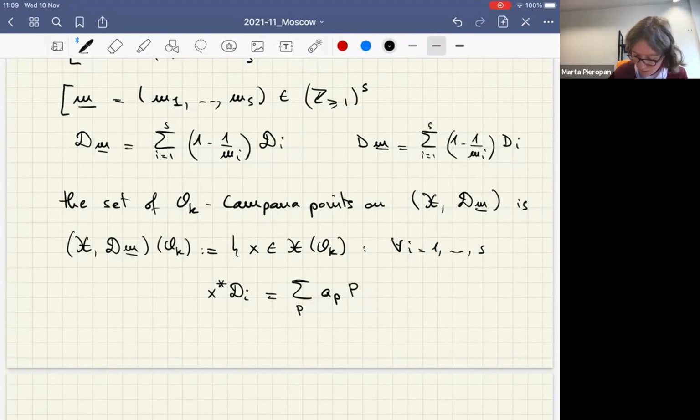And the condition is that the coefficient of each of these components is either 0, or if it is non-zero, then it is at least m_i. And this is true for every component P, so for every prime divisor on Spec O_K.